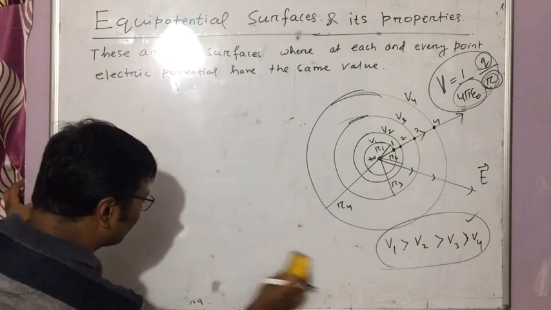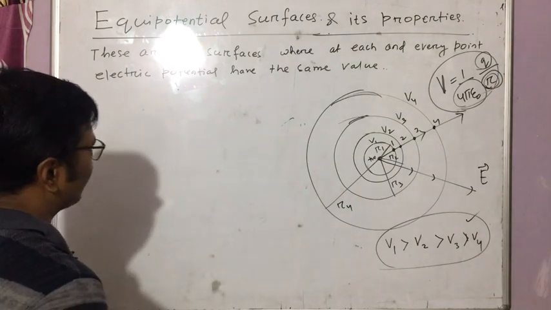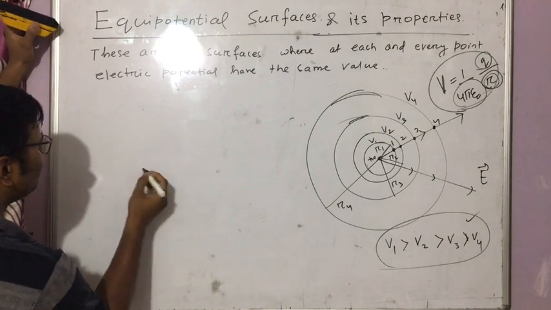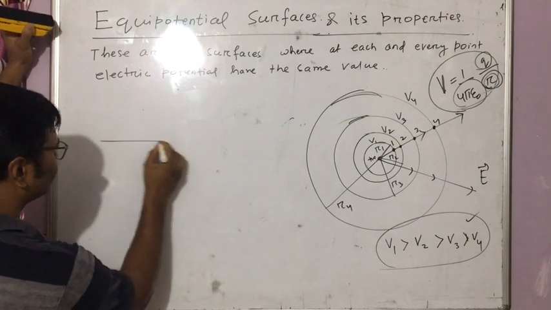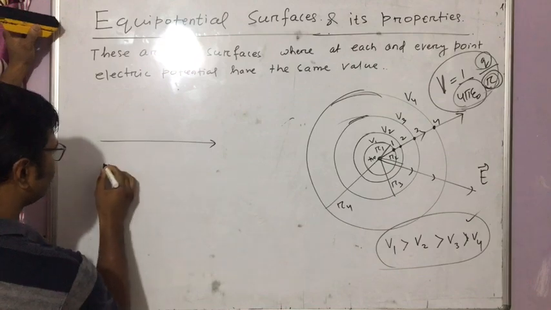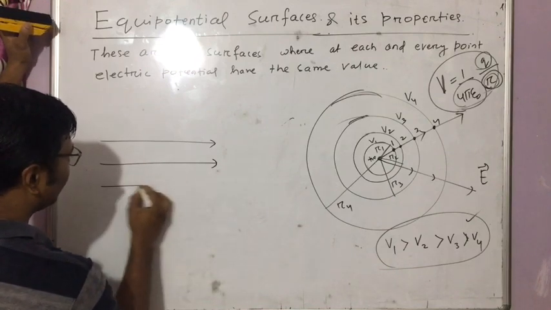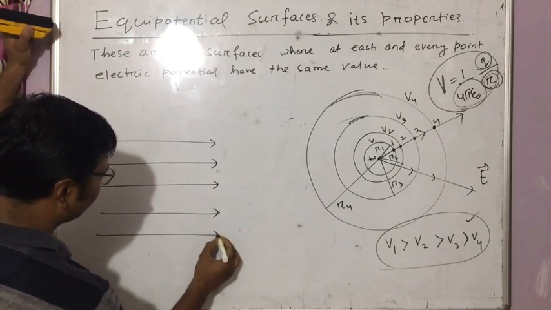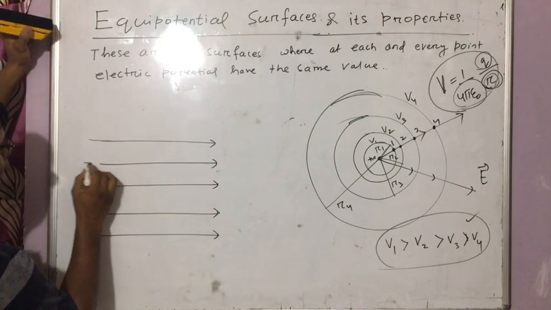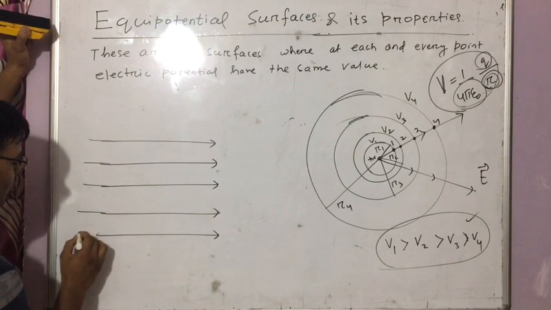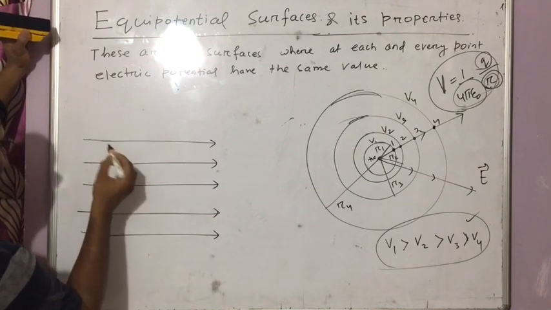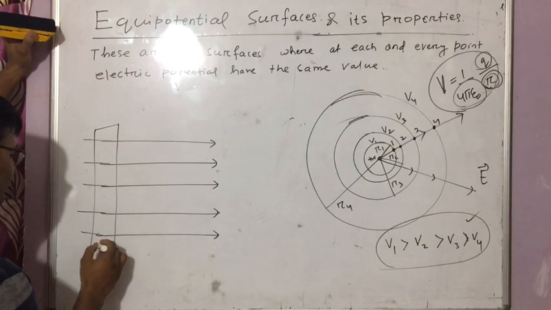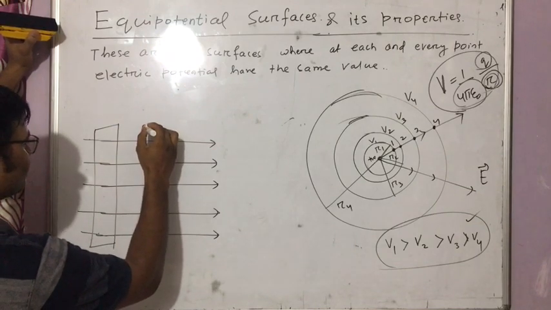Now the second set of equipotential surfaces, it is necessary all the time. Suppose you have been given a uniform electric field. For a uniform electric field, remember the equipotential surfaces are parallel planes and equispaced.